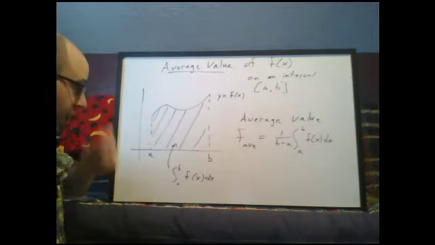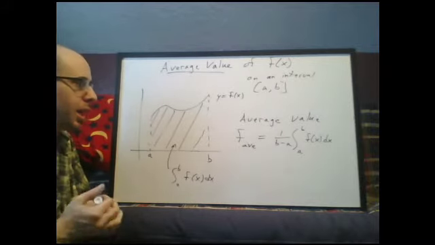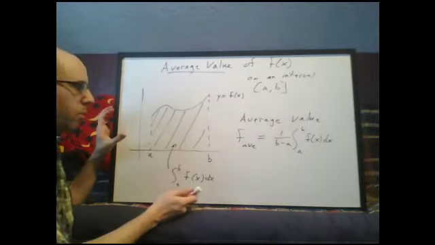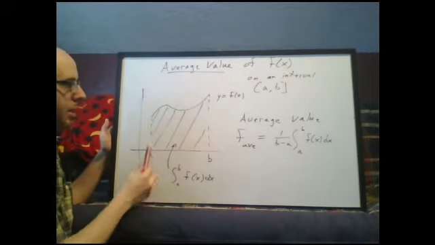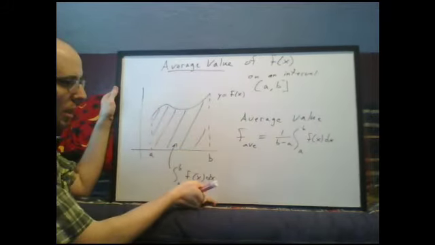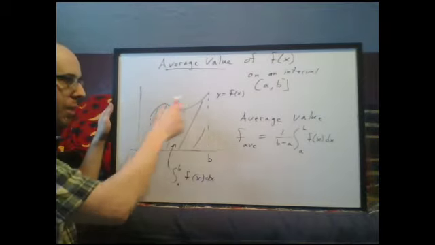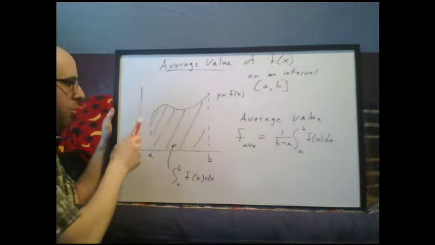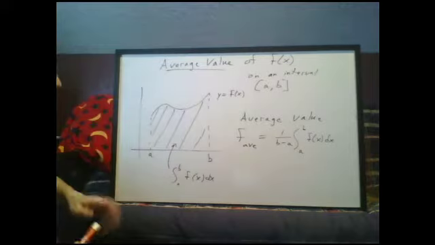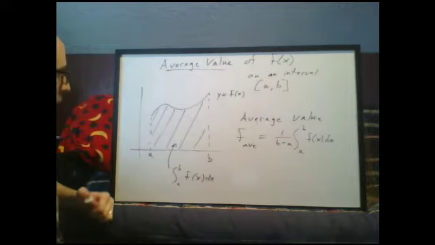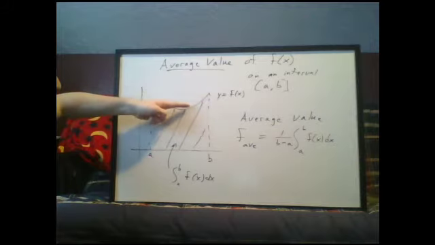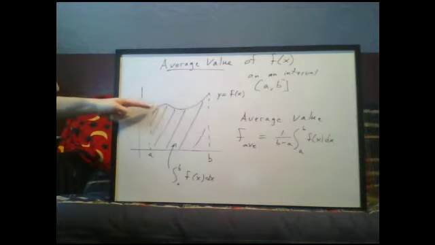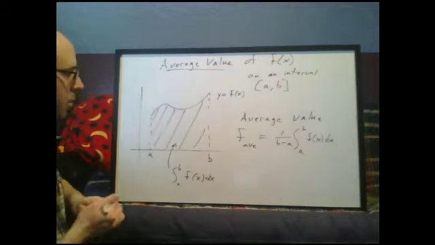Okay, so the meaning of this is we basically want to figure out, if I were to take this region and take that area of the region and redistribute it so it gave me a perfect rectangle, how tall would the rectangle need to be? So what would need to happen would be I'd need to cut off some of this area from up here and then use it to fill in the dips in my region.